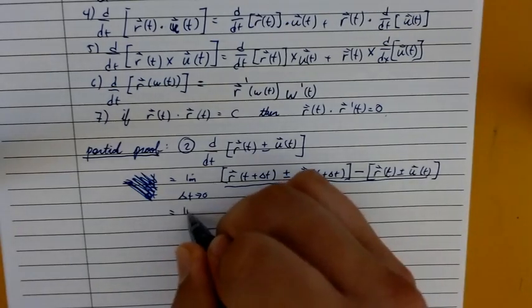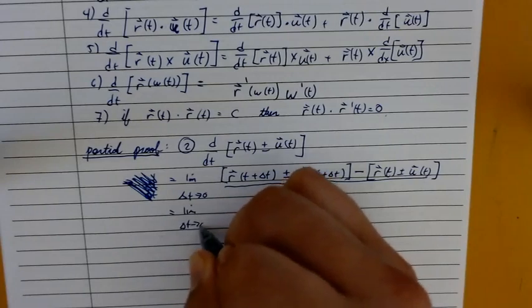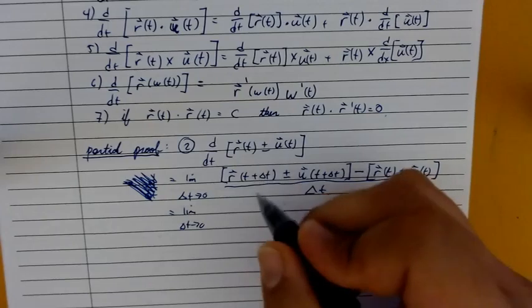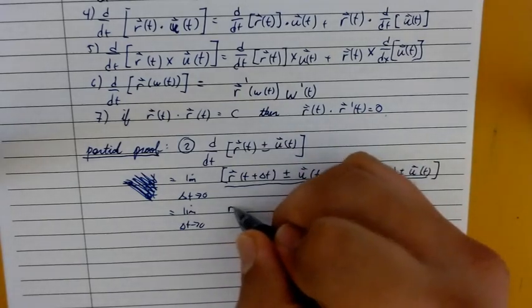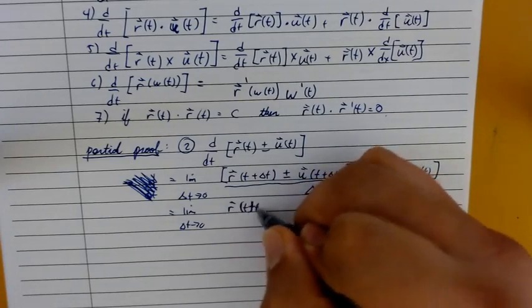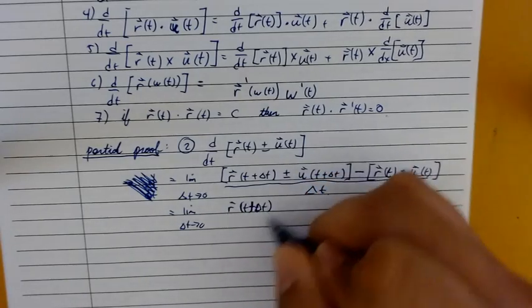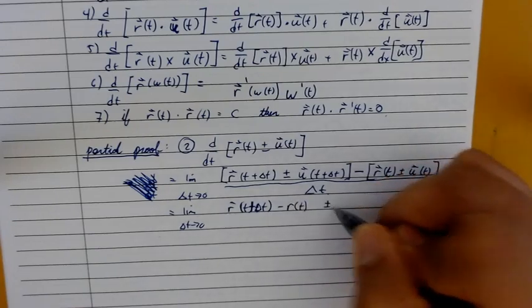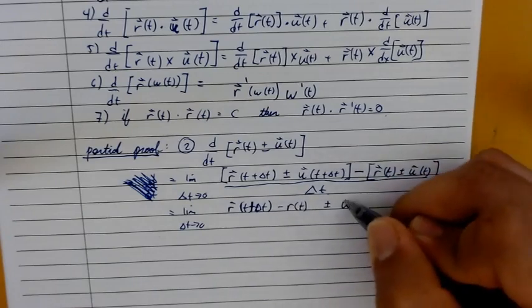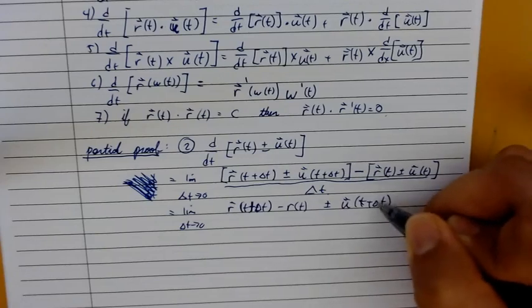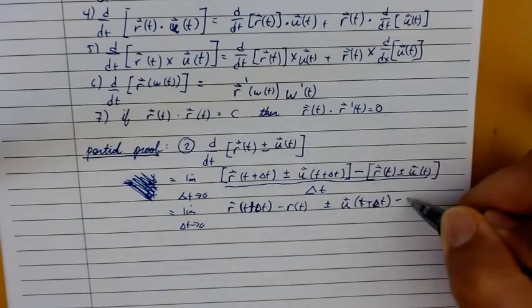Oh, but this is equal to the limit as delta t approaches 0 of, I can always just redistribute this stuff. This will be r of t plus delta t minus r of t, plus or minus u of t plus delta t minus u of t, right?